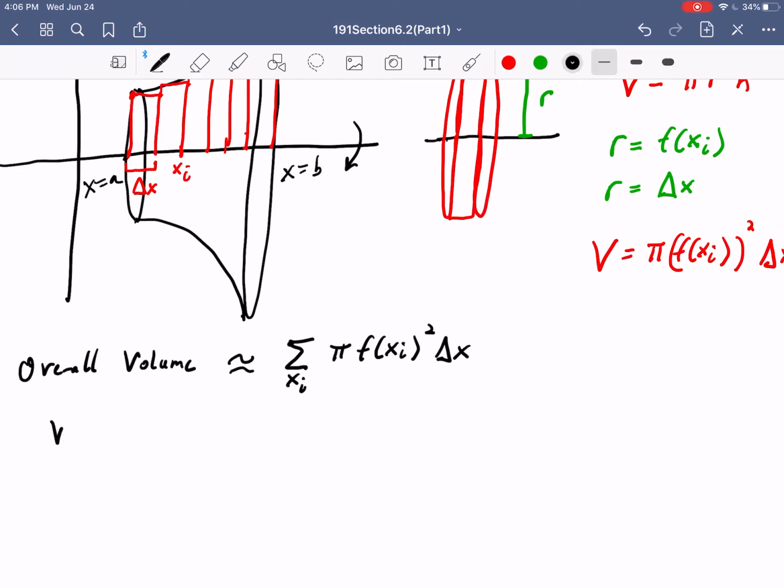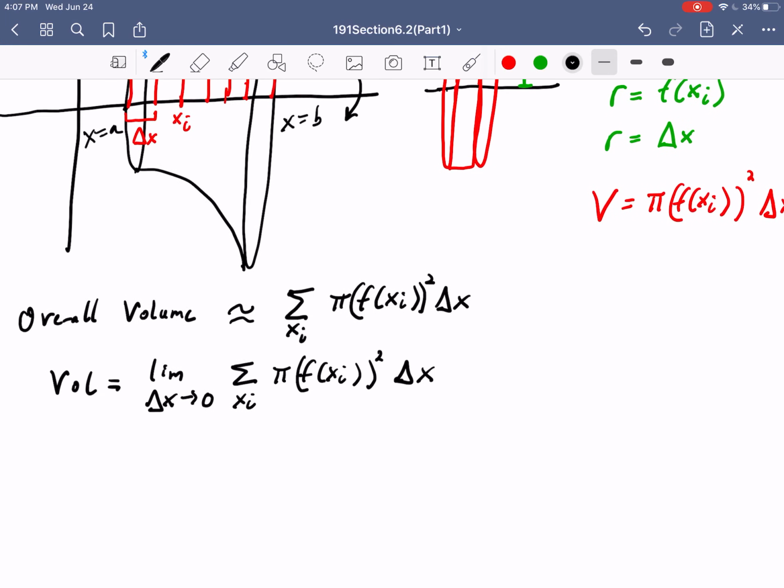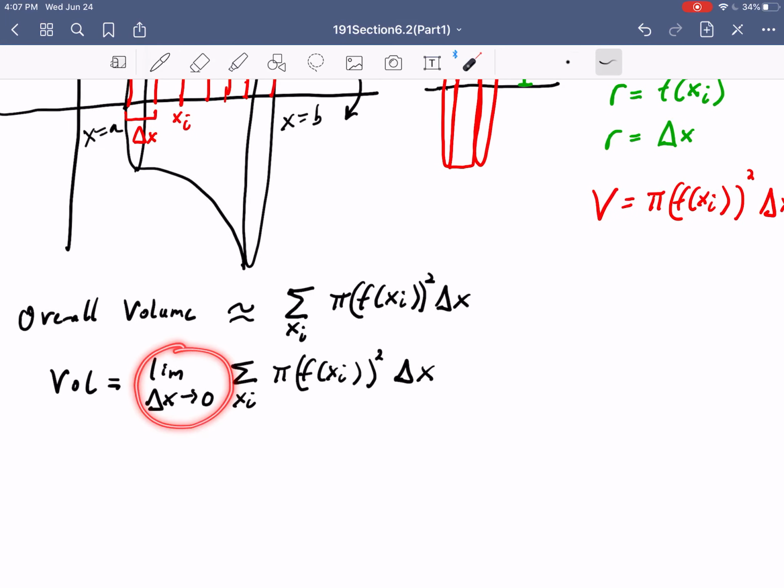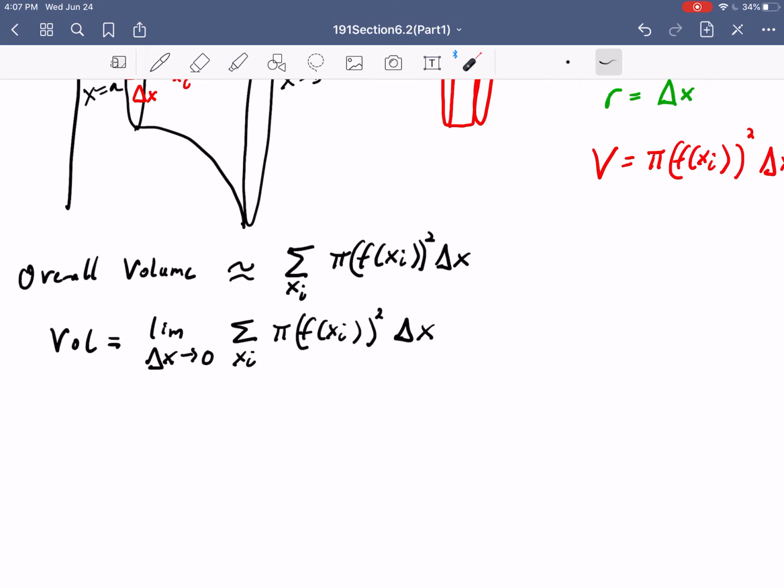So we can say then that the volume is actually equal to the limit as delta x goes to 0 of the sum of pi f of x sub i, all squared. Probably better to actually put parentheses there. Delta x. All right, now when you take a limit of one of these sums, that is a Riemann sum, and we know that this can be converted into an integral.